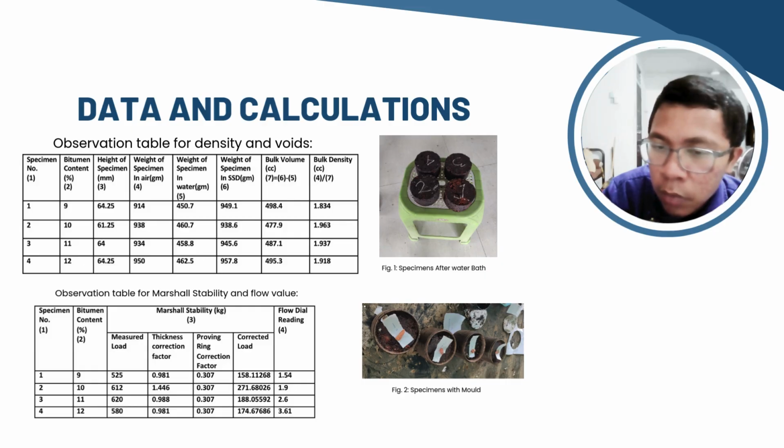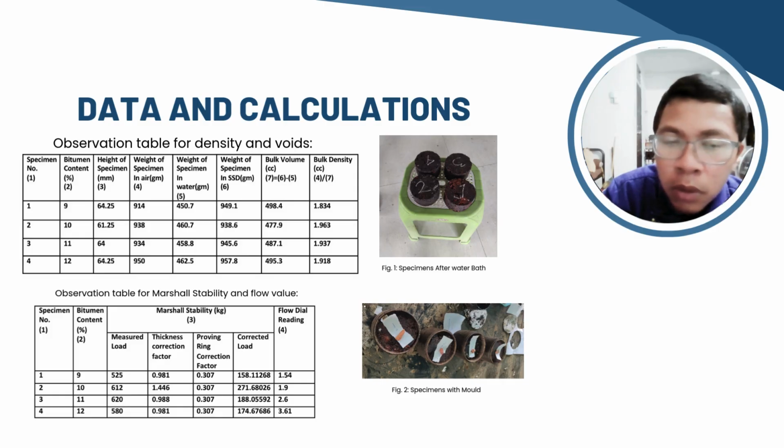To the right of the table, Figure 1 shows four cylindrical specimens, labeled 1, 2, 3, and 4, sitting on a grain stool, described as specimens after the water bath, suggesting a step in the density and voids determination process that involves water submersion.